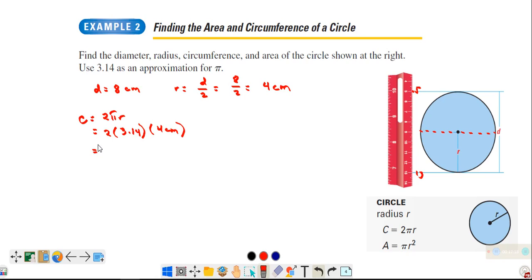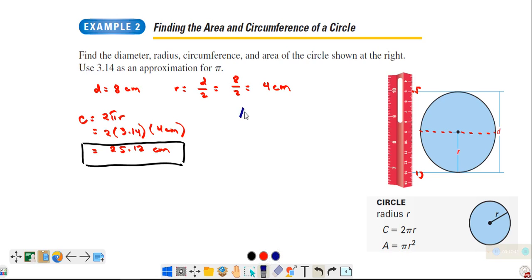We have 2 times 3.14 times 4. That is 25.12 cm. So do not forget the unit of measurement used. Okay? So now, let's go to the area.